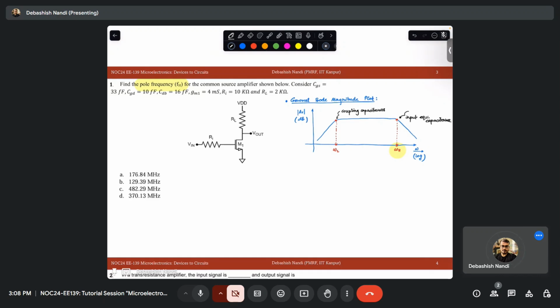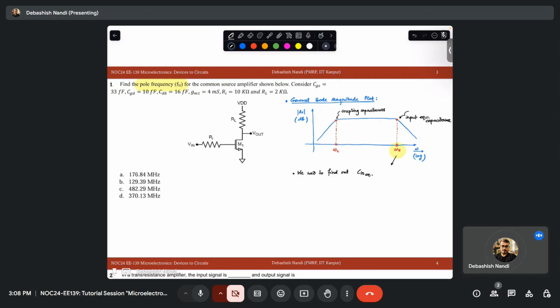Fine. So what do we need to find out? We need to find out this. First, we need to find out what my C input equivalent is.